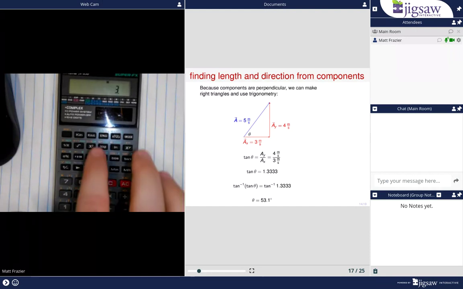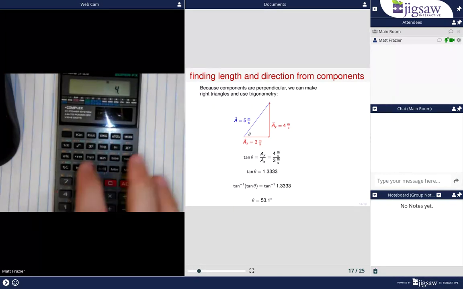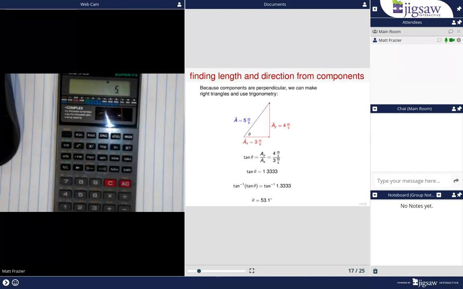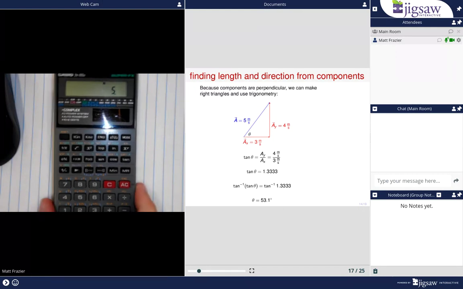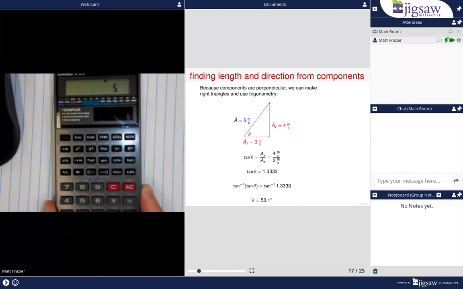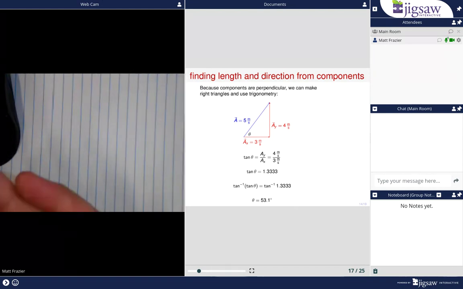Or you can do 3 squared plus 4 squared equals 25, square root 5. So there are multiple ways of solving problems sometimes, but the important thing is that you're familiar with your tools and that you bring batteries to a test. If we have a test and your calculator doesn't work, you're going to get one out of the box, which probably will be kind of similar to mine, which means it's not a TI-83.